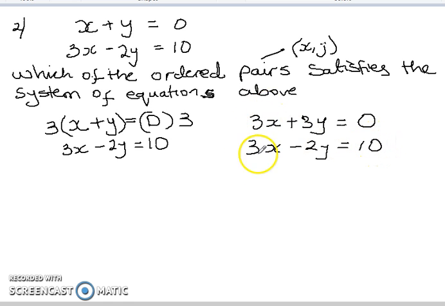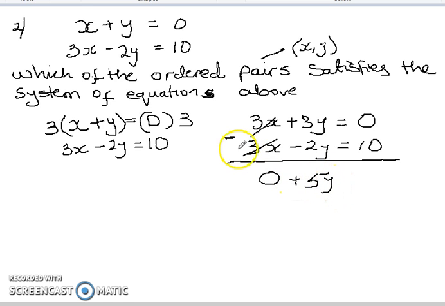Now that we have our x variables for both equations identical, we can subtract. So we're going to subtract equation 2 down here from equation 1, and right there, this becomes 0. Positive 3y minus 2y will give us 5y.